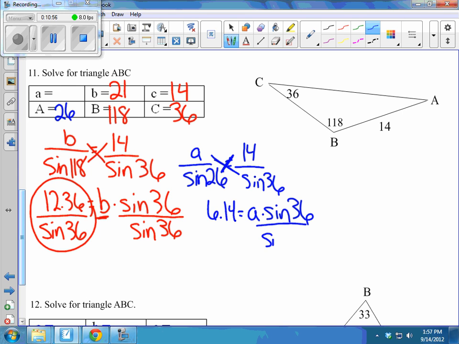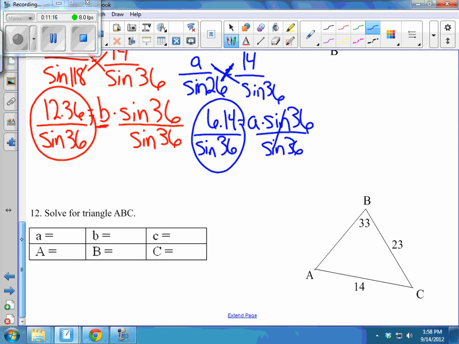Since it's multiplied, I'm going to do the opposite and divide. And what I circle is what you would type into your calculator. When you type that in, you get little a to be about 10.4. And that's 11.